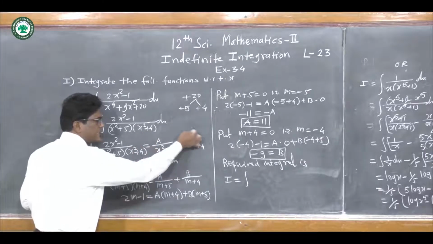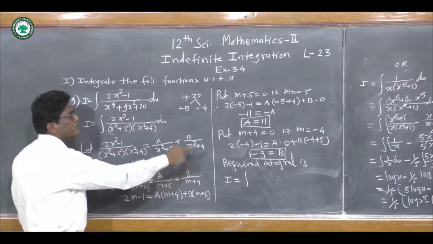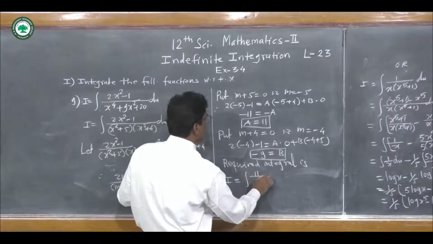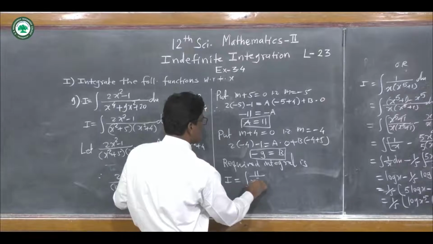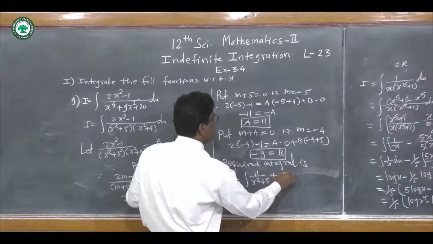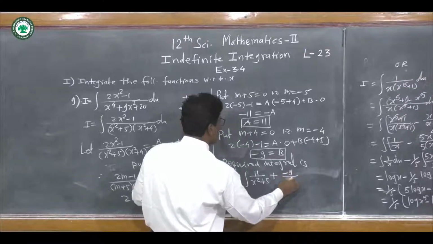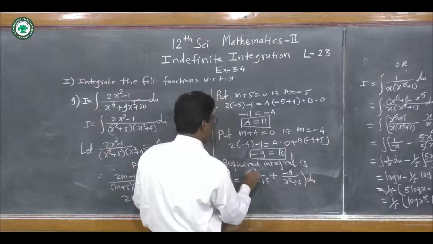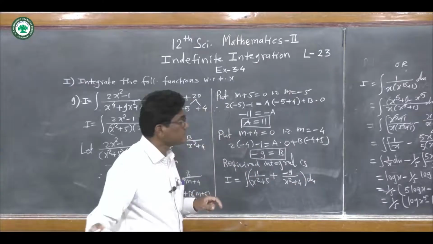We replace by this right hand side by putting the values of a and b. A is 11, so 11 upon x square plus 5, and plus b, which is minus 9, upon x square plus 4, dx. Now take here separate integration.